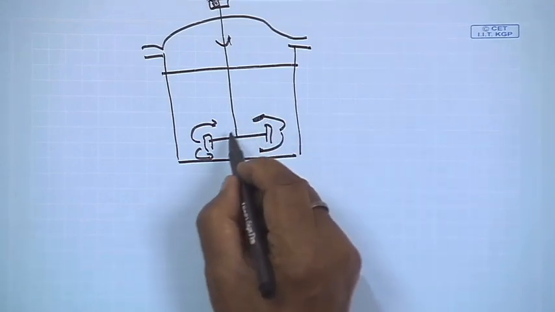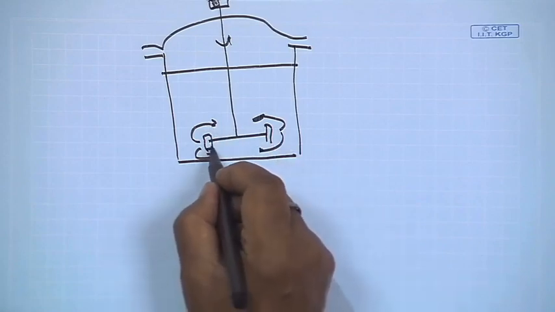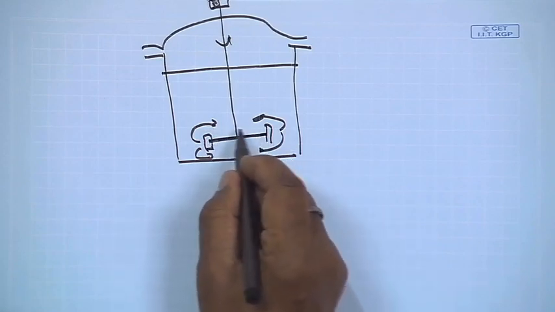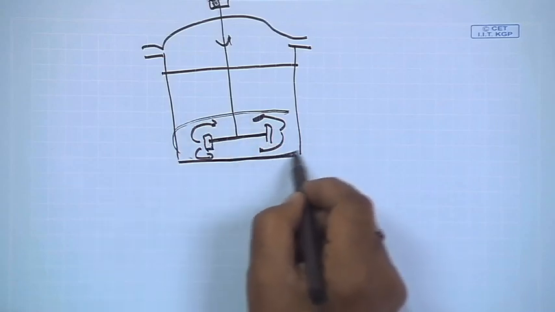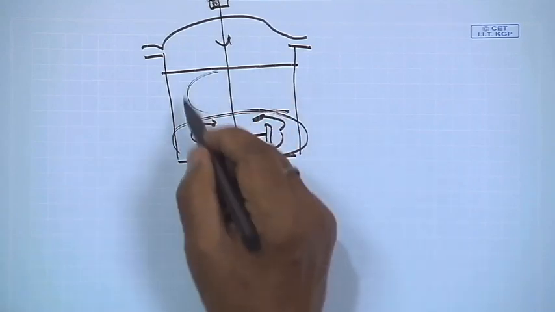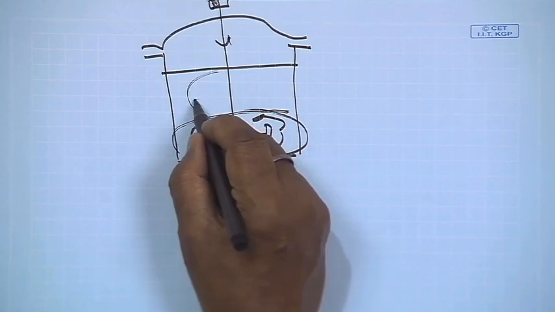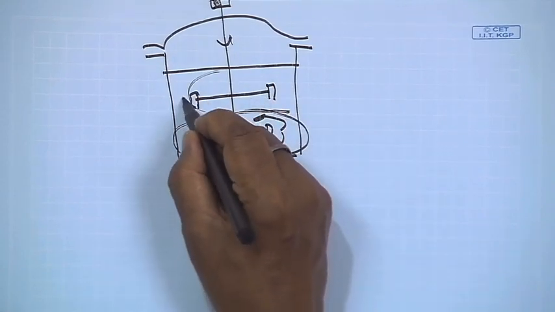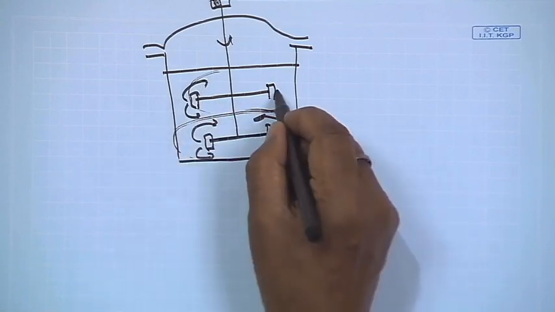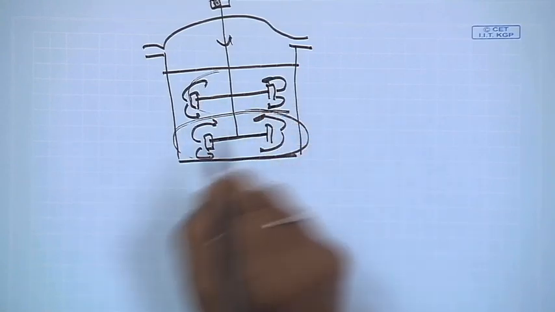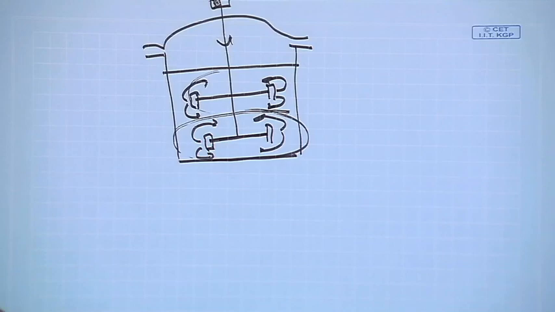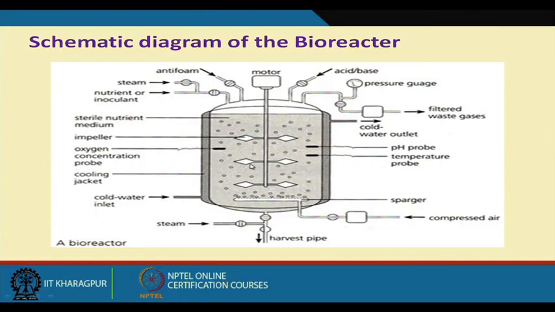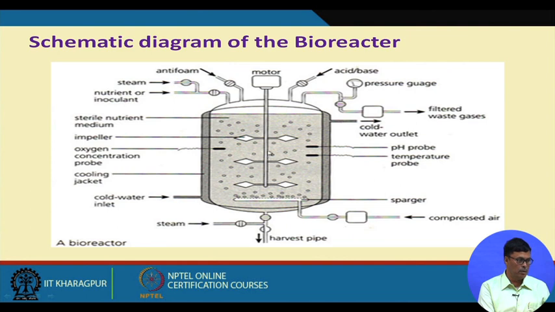One thing I want to point out is that when you have one blade like this, the agitation will mainly be in this portion, not this portion. So for this portion, you should have another blade, so that it will be stirred too. So there is a multiple arrangement of the blades. Here you can see you have so many blades. This is not a single arrangement; there are different arrangements to have homogeneity in the reaction mixture.